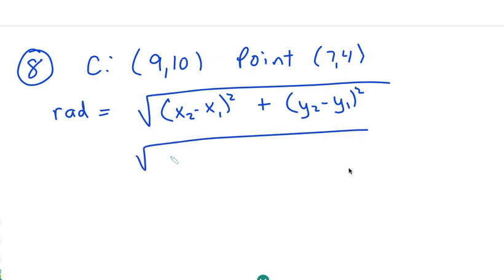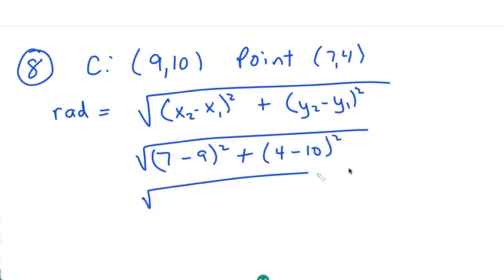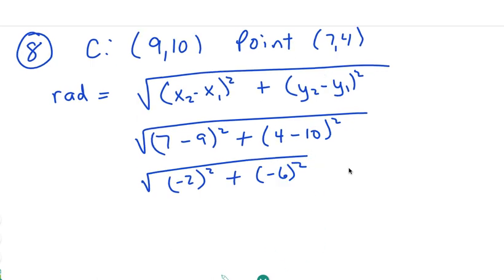So we're going to do (7 - 9)^2 + (4 - 10)^2. That's going to give me (-2)^2 + (-6)^2, which is going to give me the square root of 4 + 36, which is the square root of 40.